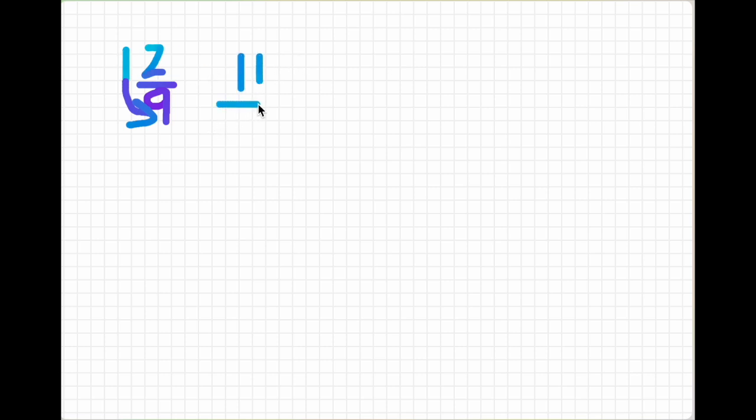So to start, let's make 1 2/9 an improper fraction to make this a little easier. So 1 times 9 is 9, plus 2 is 11 over 9.